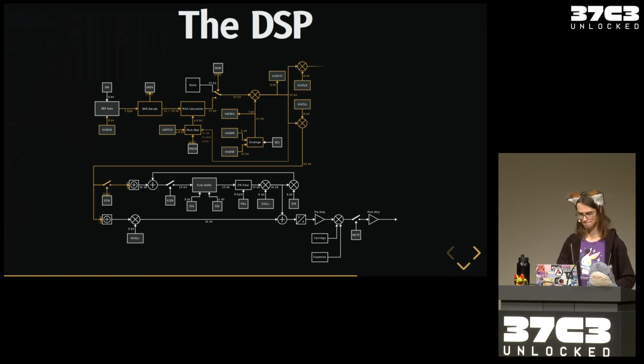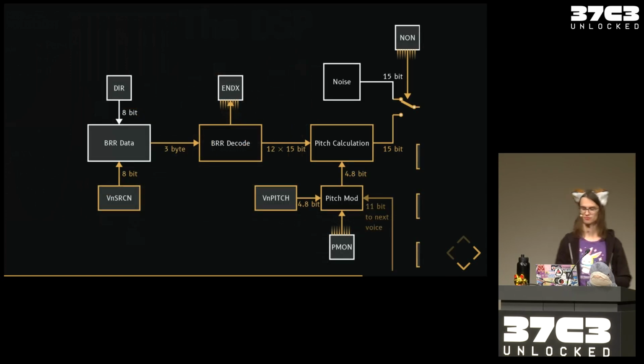So first of all, the part that we've mostly already seen, BRR data comes from main memory, is indexed by the source number and the directory, and then goes into the BRR decoder. And the BRR decoder writes out the corresponding ENDX flag for each voice when it sees a loop or an end flag in its block, and stops playing or loops back depending on what the exact flag was. So ENDX is one of those many registers that contains 1 bit for each voice and just signals something for each voice.